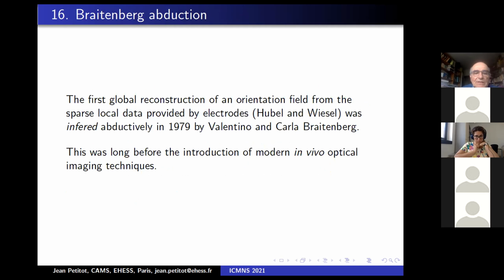The first global reconstruction of an orientation field from the sparse local data provided by electrodes, still Hubel and Wiesel's works, was inferred abductively in 1979 by Valentino and Carla Braitenberg. And this was long before the introduction of modern in vivo optical imaging techniques.